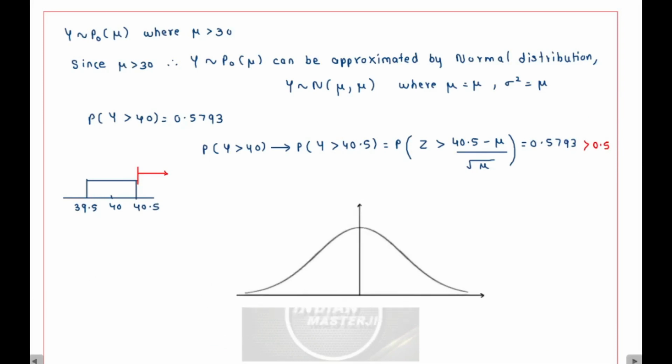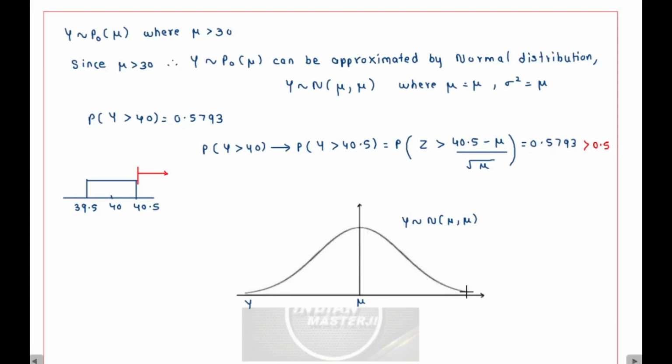So suppose this is the normal distribution curve for y. Here y follows the normal distribution with the parameters mu comma mu, so the mean value will be mu. They are saying that this probability is greater than 0.5. Greater than 0.5 means what?